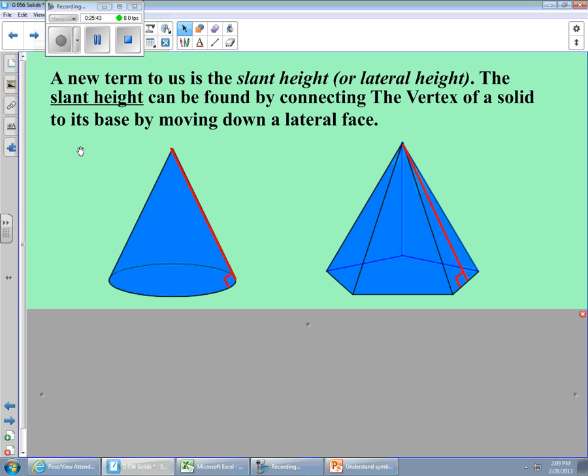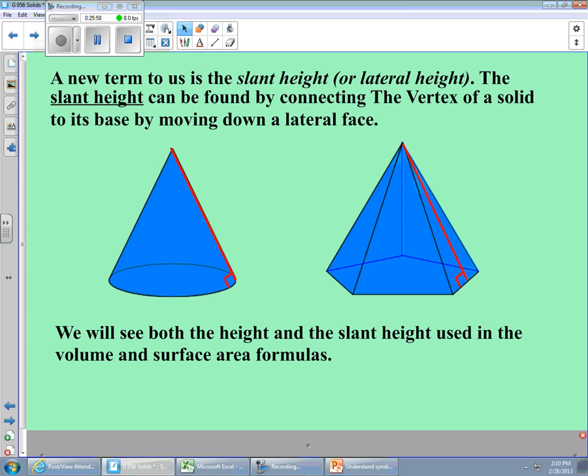It's important to know both of them because those are two values that are called on very regularly. The volume formulas use height a bunch. The slant or lateral height is used on surface area a bunch. So you'll see both the regular height and the slant height used in volume and surface area formulas.